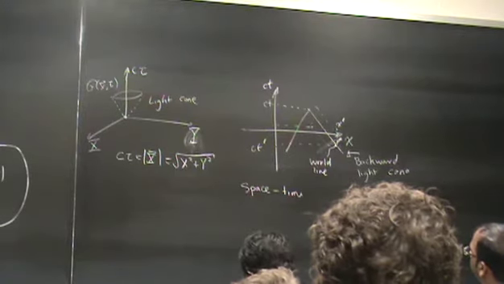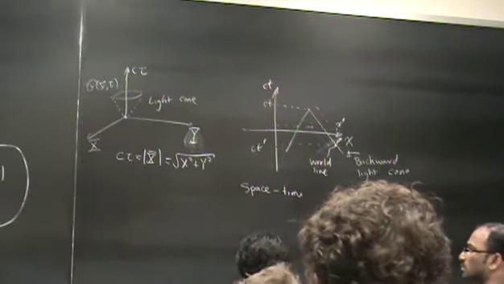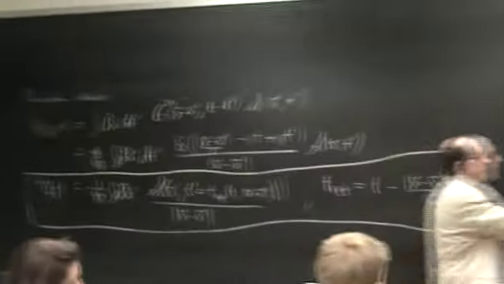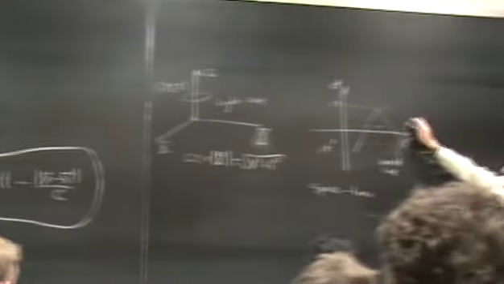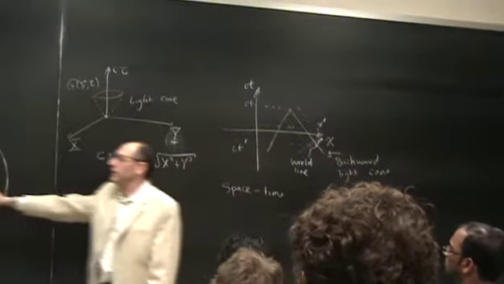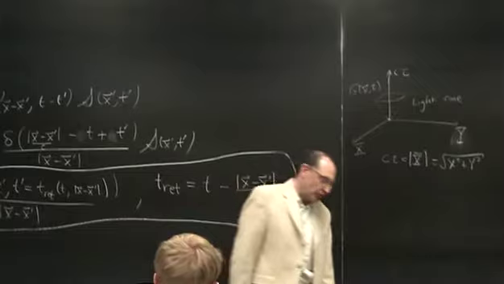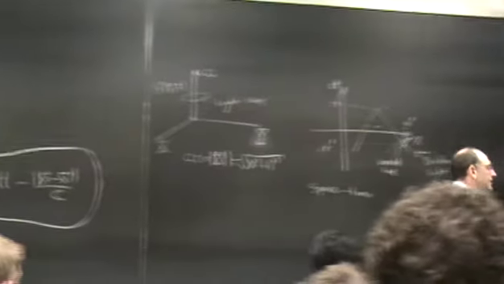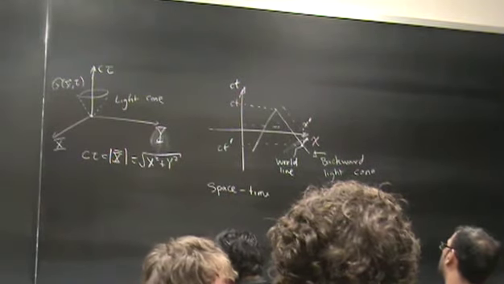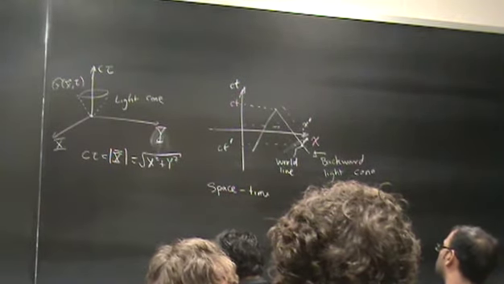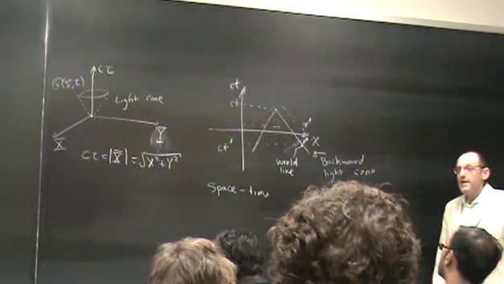Okay? So the total signal that I see depends on the superposition of all of the sources doing whatever they're doing, and whenever they cross my backward light cone, according to the retarded time, they can contribute to my signal. And the strength falls off like 1 over the distance, as a spherical wave must. We studied spherical waves in homework.